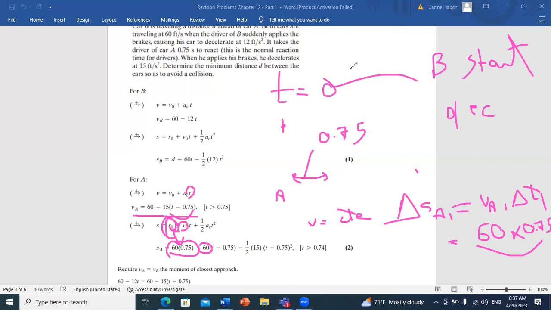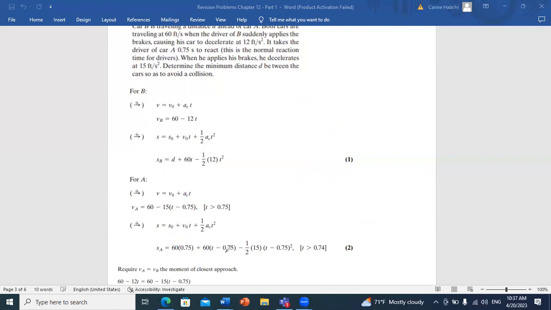And because phase 2 starts at 0.75 seconds after B, the time in this equation is T minus 0.75, minus half A T squared. This A is the deceleration, minus 15, so we put A equal minus 15, and T as usual is T minus 0.75, squared. Here there is a typing error. This is for T larger than 0.75. So now we have the equation for SA, SB, and we have the relations for VA, VB.